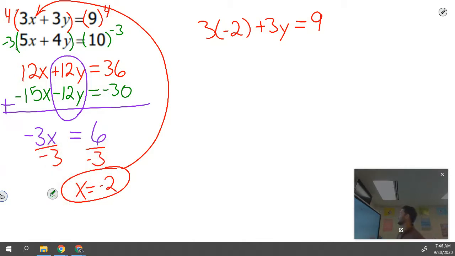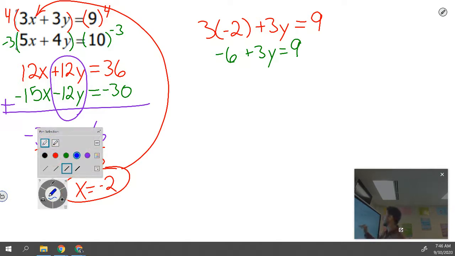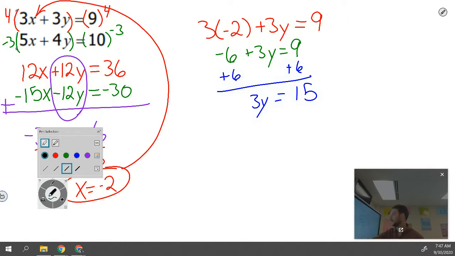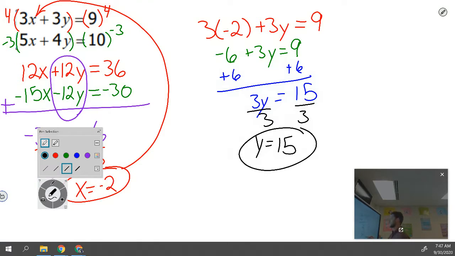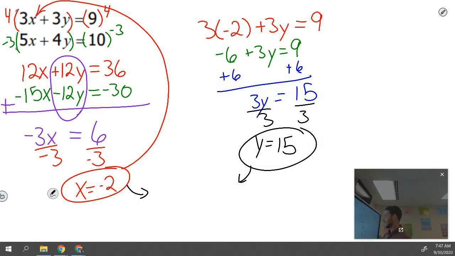And if I multiply this out, -6 plus 3y is equal to 9. I'll get that 6 out of there. And I'll finally divide by 3. Once again, your final answer needs to be these two together, the x and y, as a point: -2 and y.